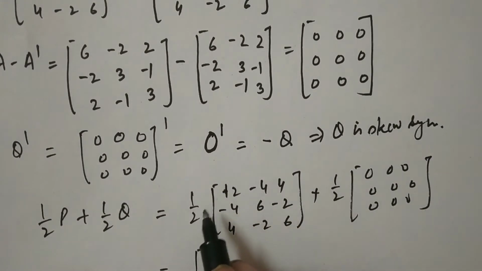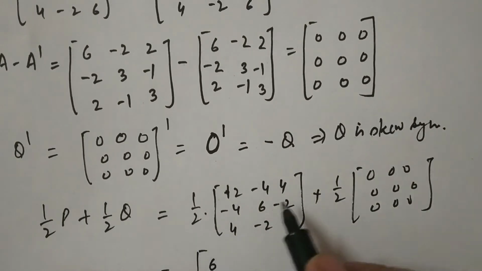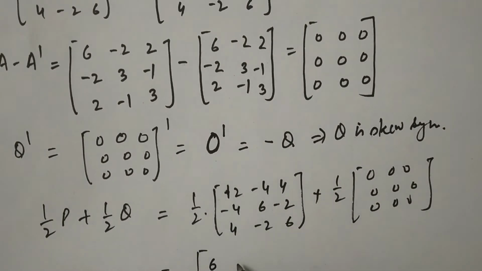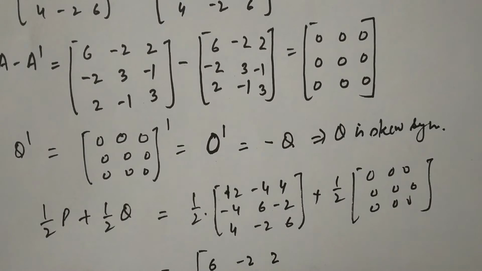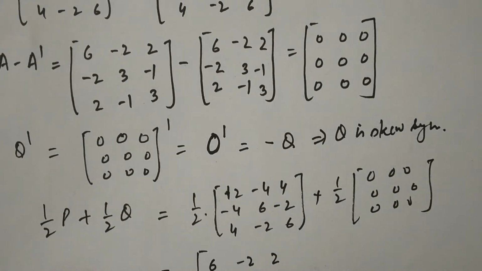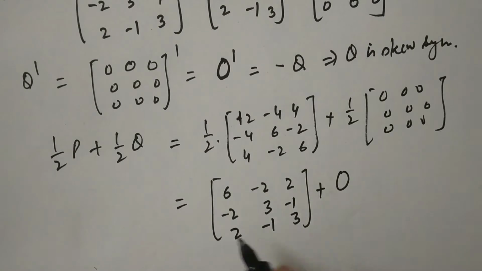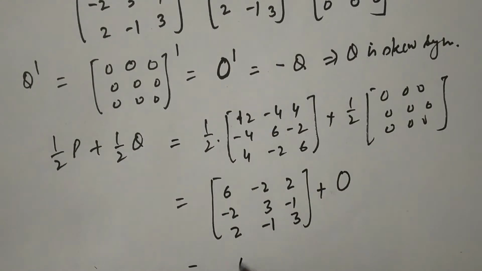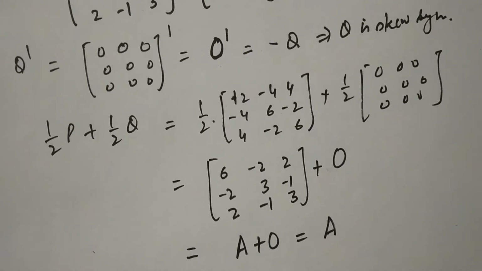If I multiply all the elements by the scalar half, this will give me [6, -2, 2; -2, 3, -1; 2, -1, 3] plus the zero matrix, which is the same as the matrix A plus the zero matrix, which is matrix A again.